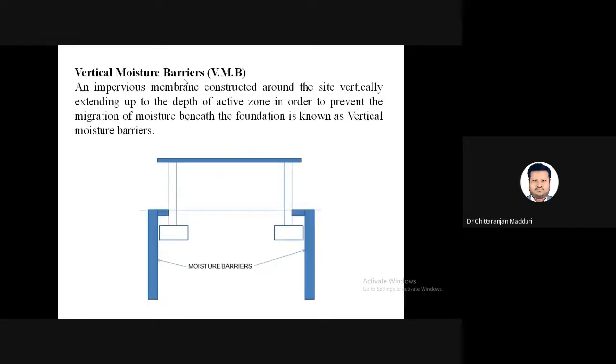Vertical moisture barriers. An impervious membrane constructed around the site, vertically extending up to the depth of the active zone in order to prevent the migration of moisture beneath the foundation, is known as a vertical moisture barrier.